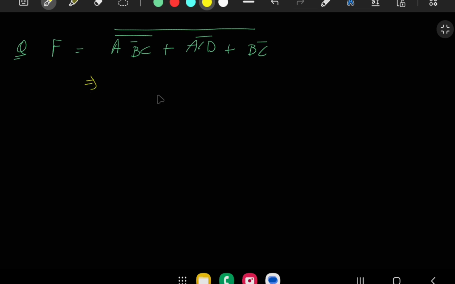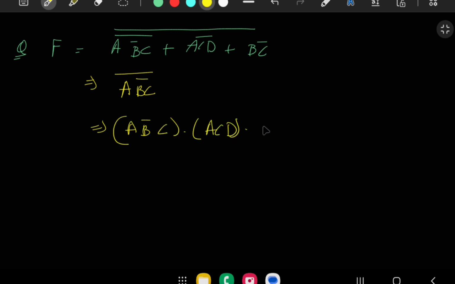Answer will be a b bar c whole bar a c d, and this will be the answer. Is this your answer? This is very simple. Try to understand.